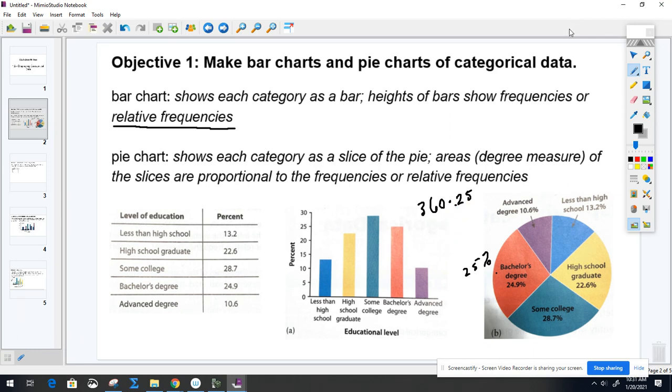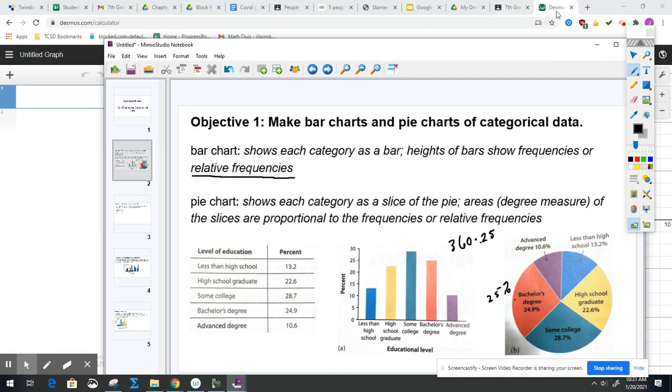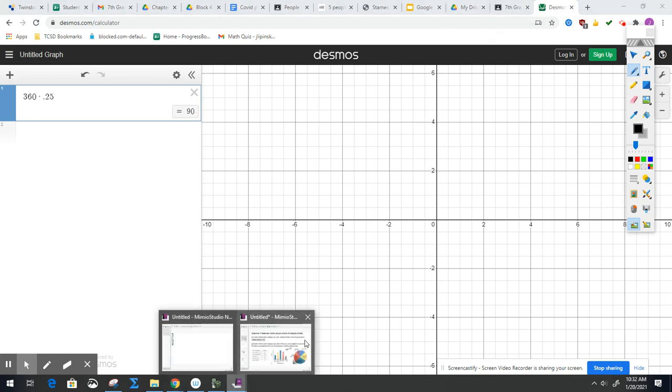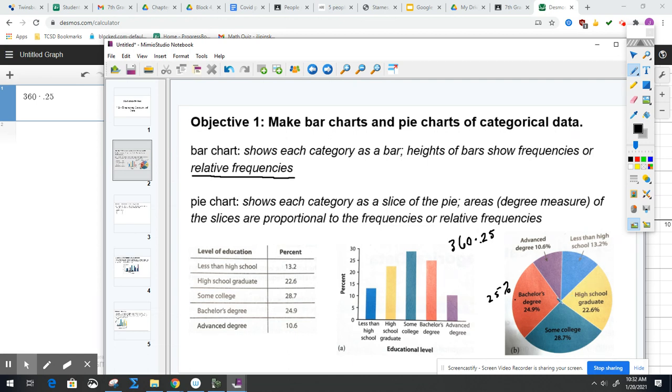If we got the calculator out and entered 360 times 0.25, you can see that it equals 90 degrees. So we could go through this and mark these angles at 90 degrees. That would be a 90-degree angle to create this piece of the pie or piece of this graph.